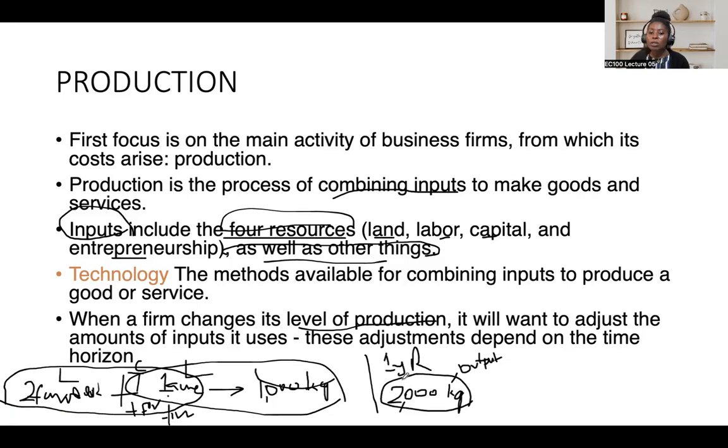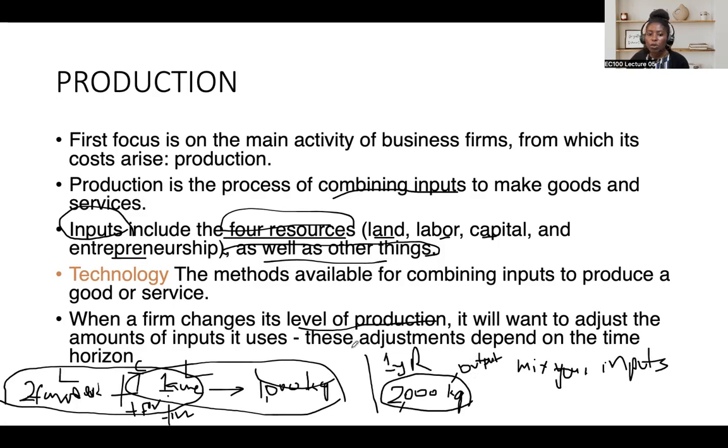So now you are increasing your target. It's your second or third year in business, and you're increasing your target. So you want to change your level of production. You want to upgrade, right? With a higher target, you have to consider how you are going to mix your inputs, and how much of them you are going to use to reach the 2,000 level.